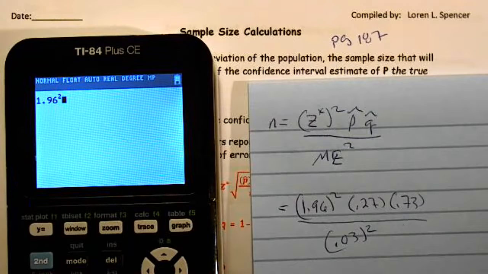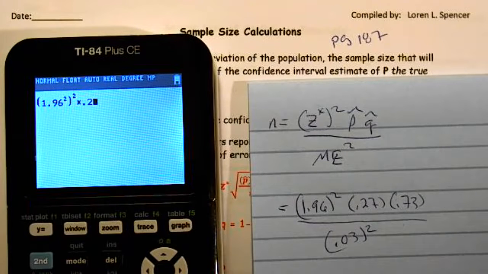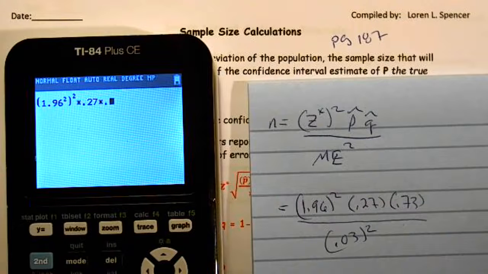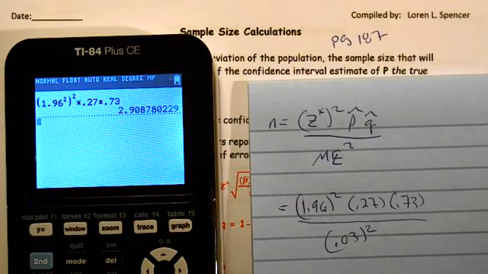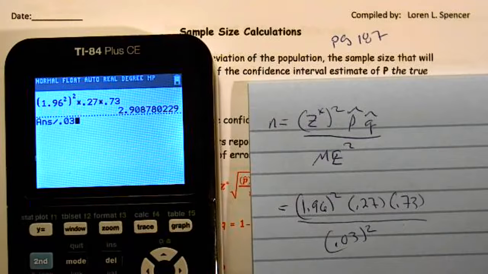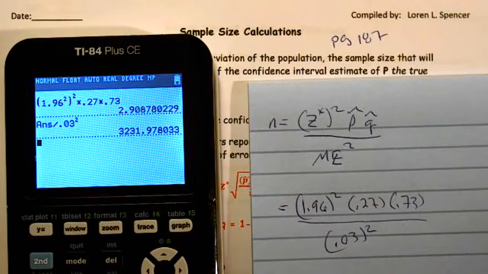1.96 squared times 0.27 times 0.73 divided by 0.03 squared. And I sure hope I messed up somewhere because that does not look right.